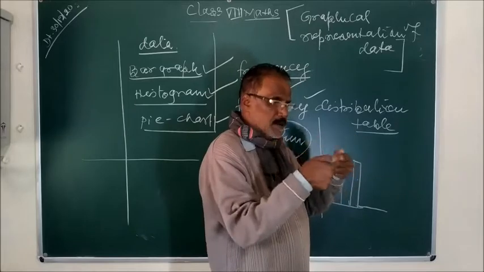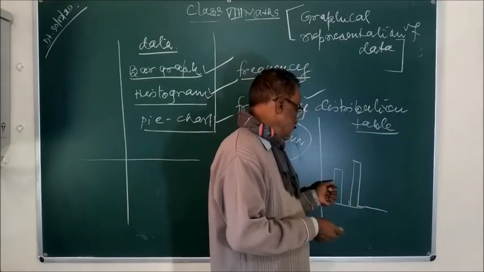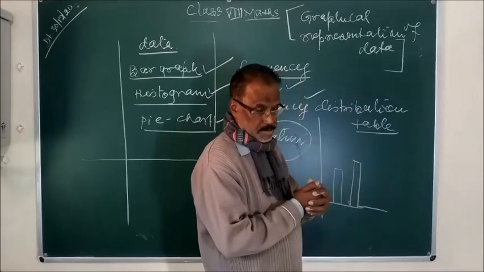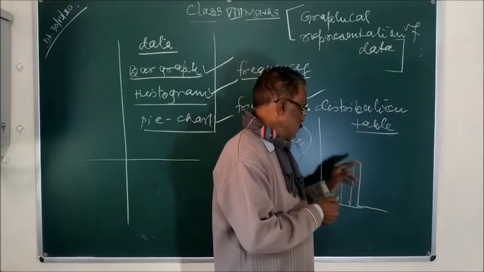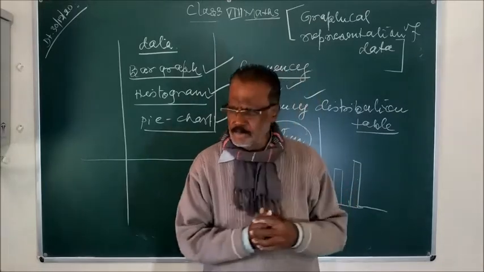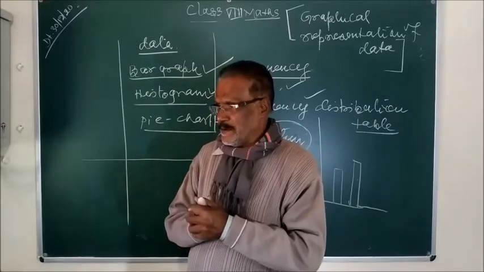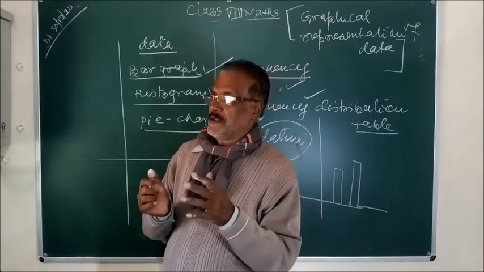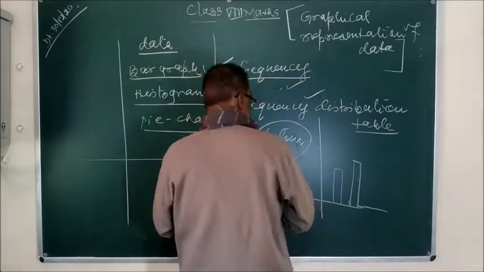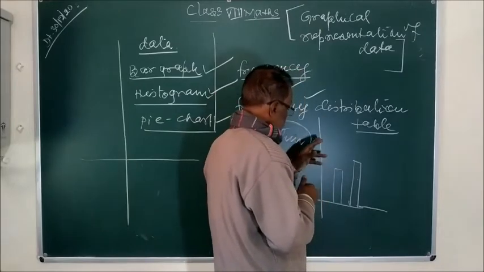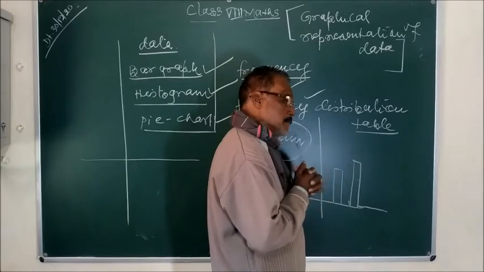Its width is equal, and there should be equal space between them. So bar graph is a pictorial representation from the given numerical fact. So this bar graph you can draw on the graph paper.